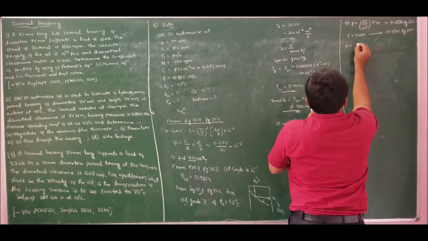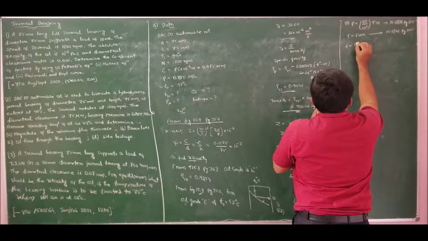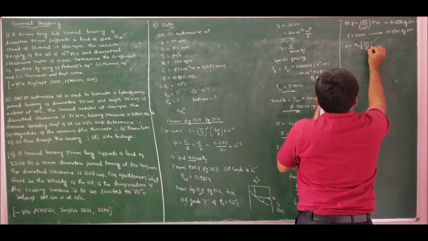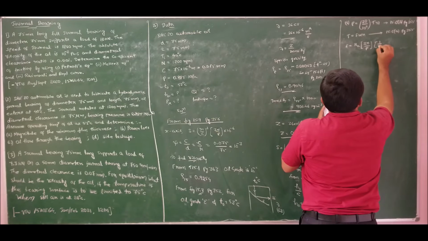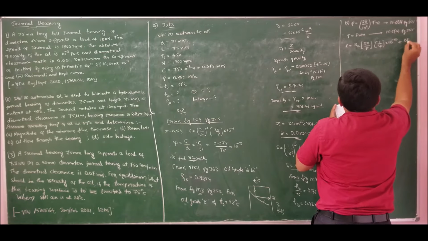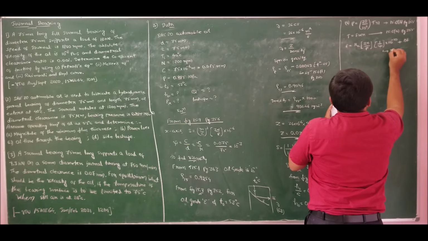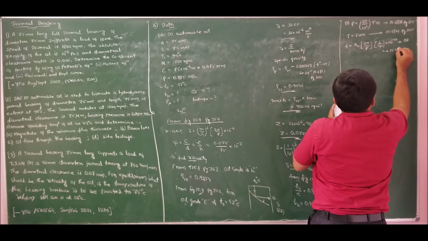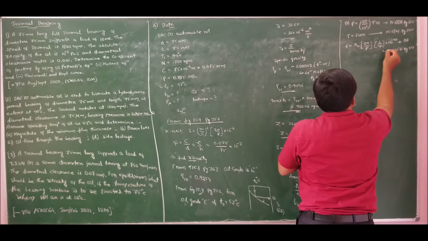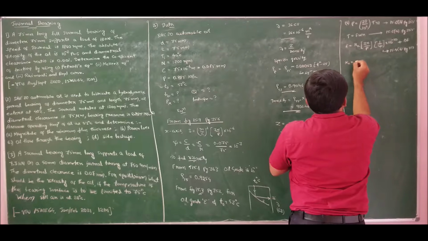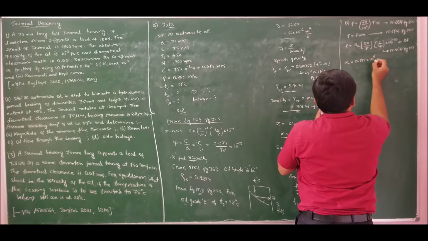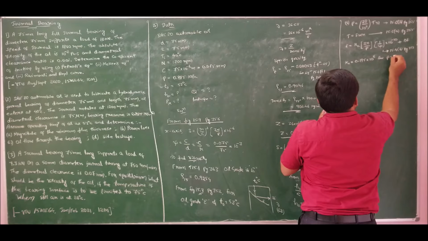Now I want friction, which is given by Mackey's equation. Just now we calculated it in problem number 1, which is given by Ka into ZN by P into R by C, and can be written as 1 by xi into 10 to the power of minus 10 plus delta F. This you already know, which is equation 15.4b of page 353, where Ka is given as 0.195 into 10 to the power of 6 for full journal bearing.